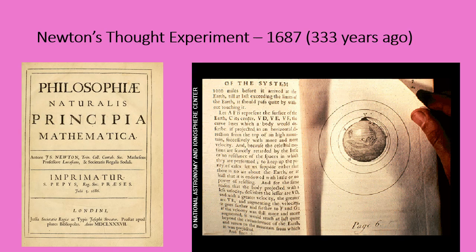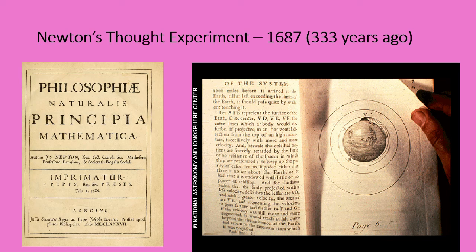Sir Isaac Newton had a really good understanding of satellites, and this was well before satellites were a thing. Newton published some of his thoughts. He used to do thought experiments where he'd think things through without actually having the technology to be able to test them.